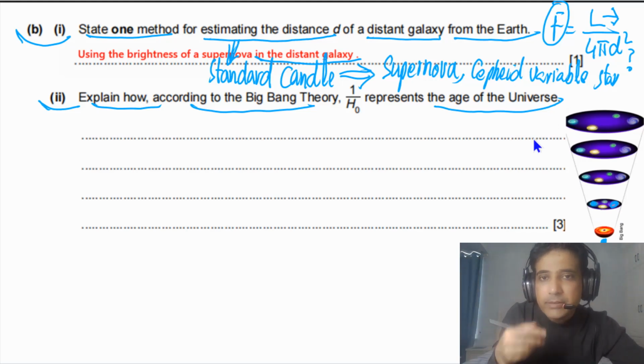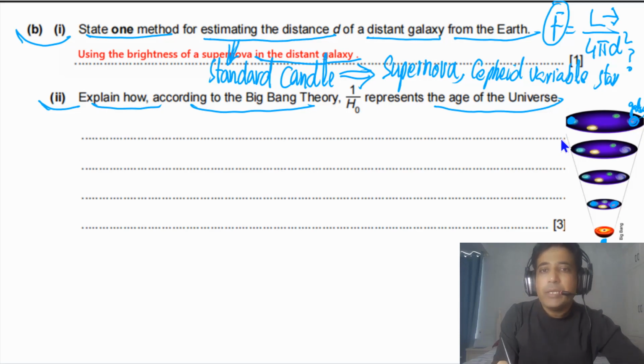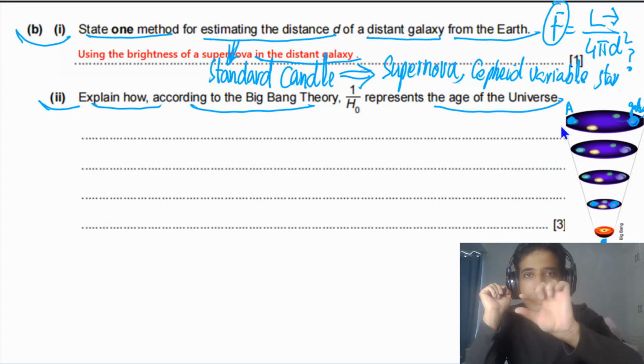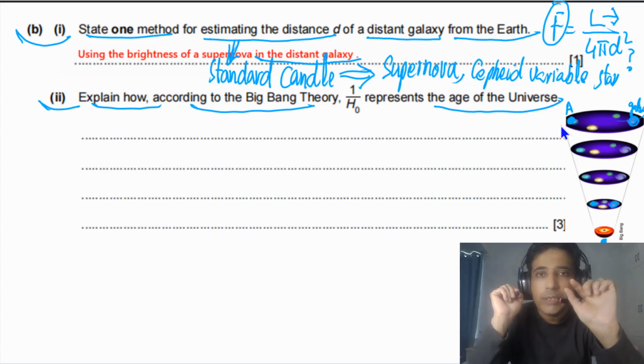Now if we have any specific galaxy, and we know when it was close to our Milky Way, this one is the Milky Way, and let's say this is galaxy A. If we have the distance of galaxy A from us, and also know the speed at which it is moving away from us, we can find out the time.